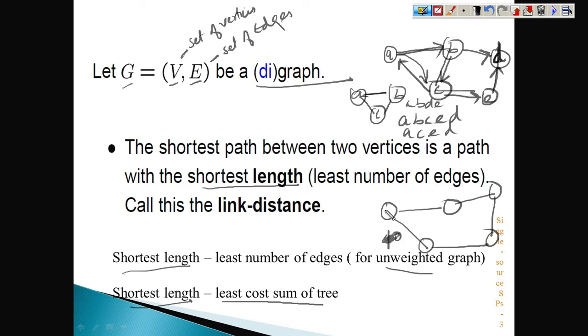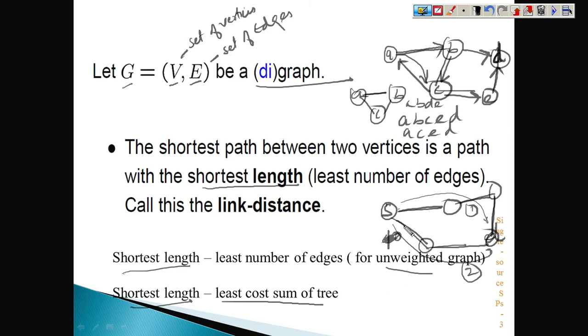Now this is your source and this is your destination, and if I want to reach D, we have two possible ways. One is I can go from here, then here, then here. This is path number one, and the second path is this, which I am calling path number two.